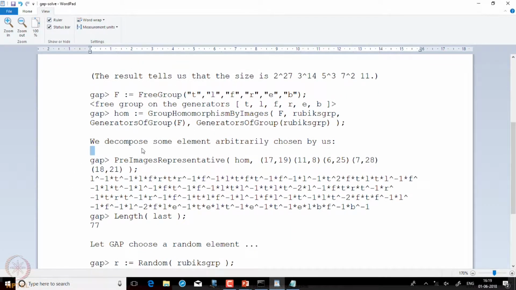And then let's arbitrarily pick some element in the Rubik's group and look at its pre-image. This element I have just written, but here let's pick some arbitrary element.